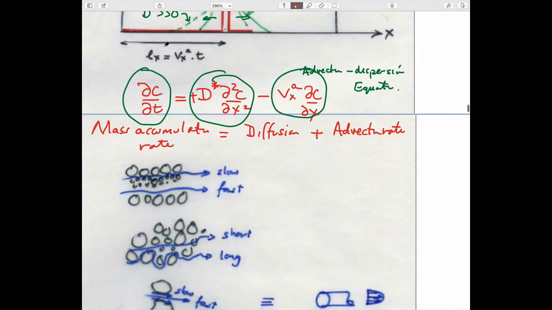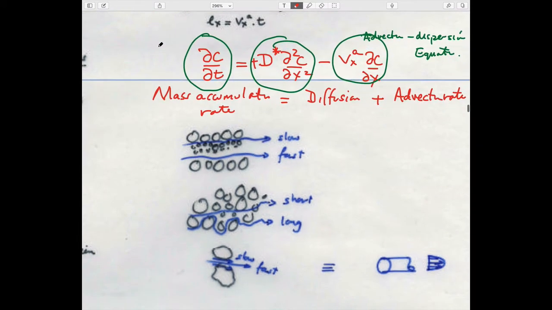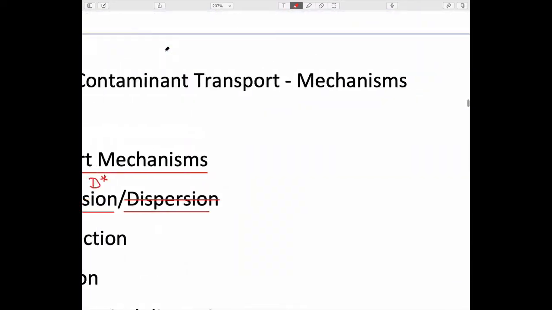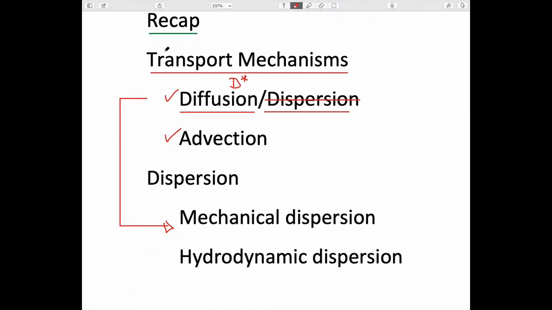Okay? All right, so what else? So we made the case, if I go back to here, that we're interested in these transport mechanisms. We now have an expression that covers both of these, our so-called advection diffusion equation. Certainly it includes diffusion and equivalent diffusion in a porous medium.